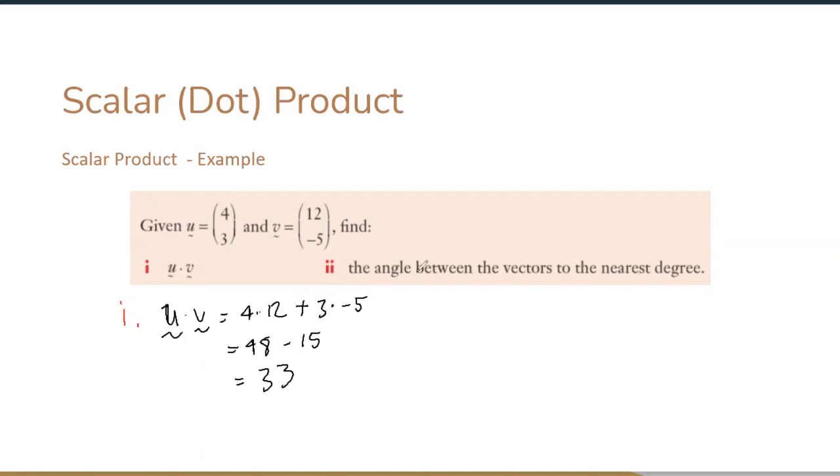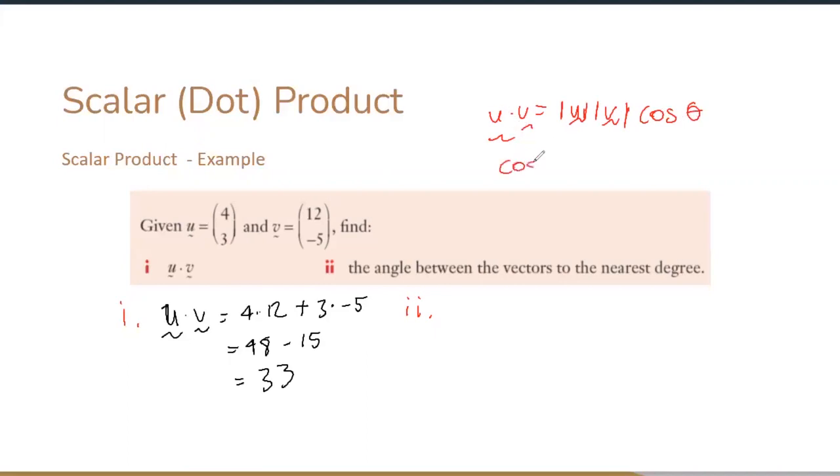Now, if we want to find the angle between the two vectors to the nearest degree, what we're going to want to do is start with u dot v is equal to the magnitude of u times the magnitude of v, times cos theta, where theta is the angle between them.